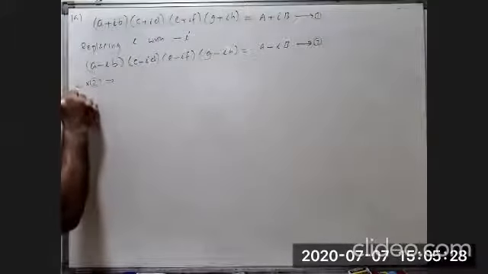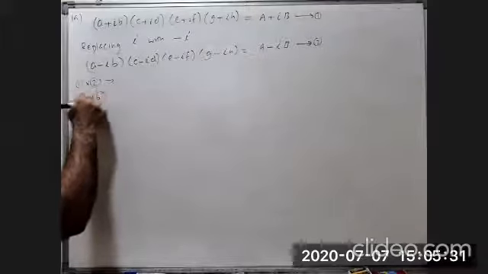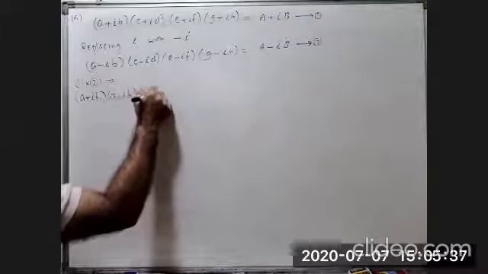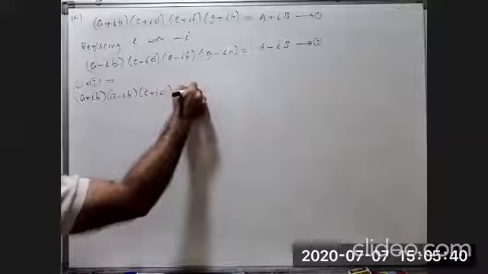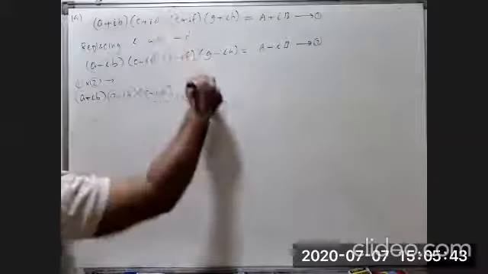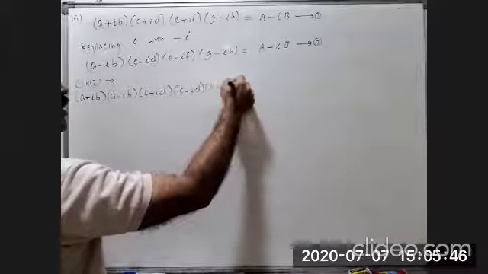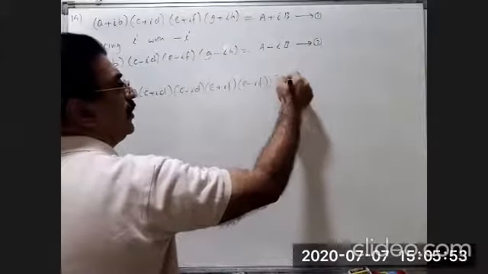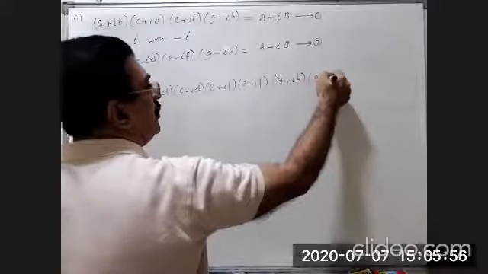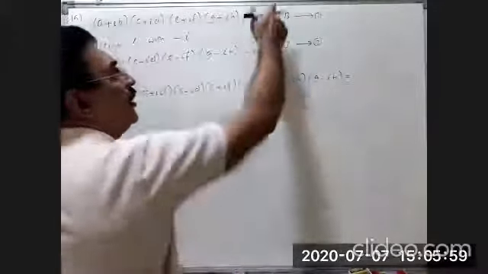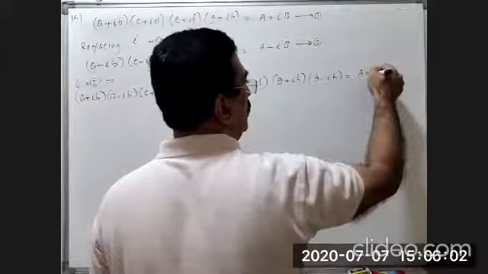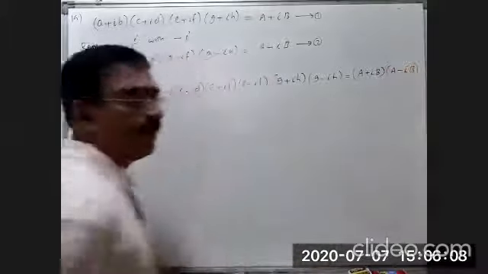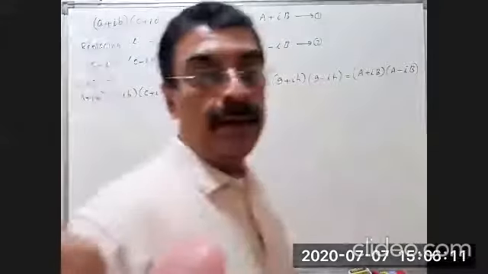So (a plus ib)(a minus ib), again these two, (c plus id)(c minus id), then these two, (e plus if)(e minus if), (g plus ih)(g minus ih), the right-hand side is equal to (A plus iB)(A minus iB).